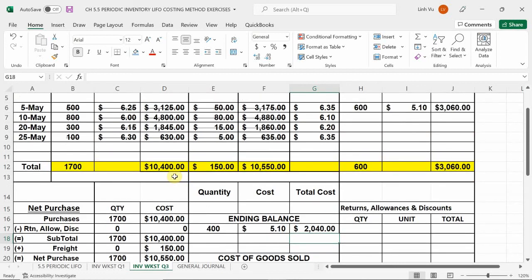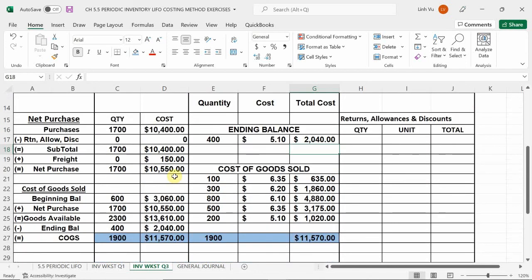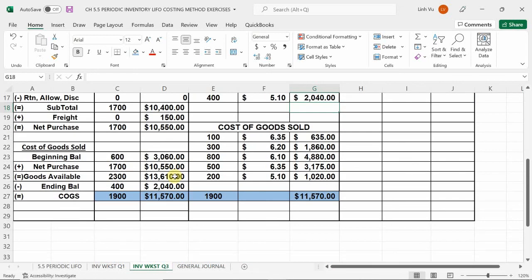You're going to treat this as if this is May 1st inventory balance. Then all of your purchases after that are going to go in chronological order of how you purchased them, okay? And that is it. Any questions in regards to this inventory? How to use the costing method for this inventory worksheet?